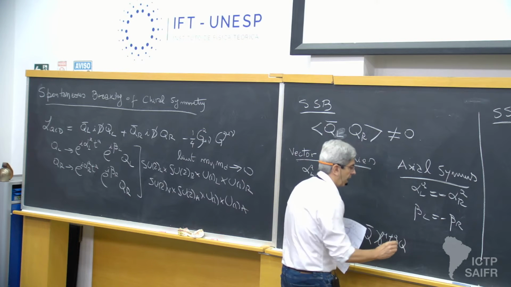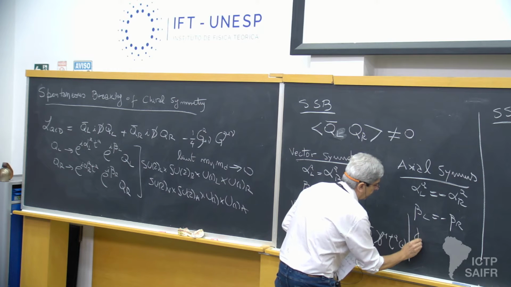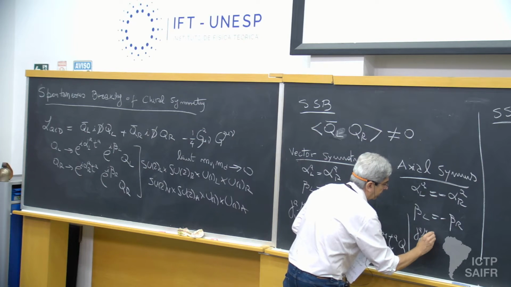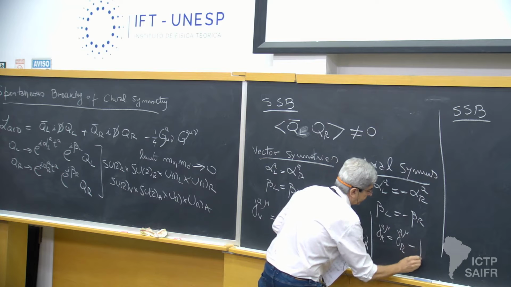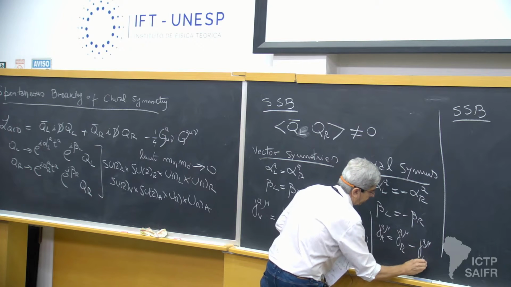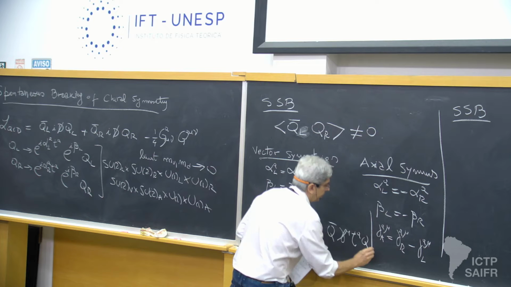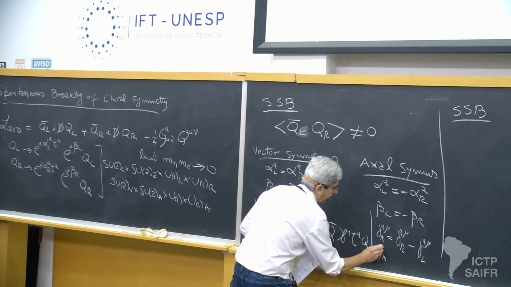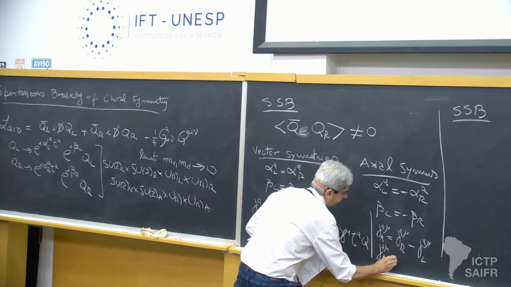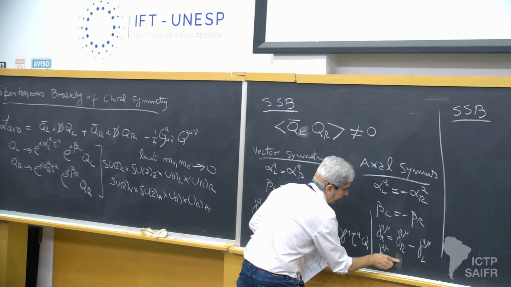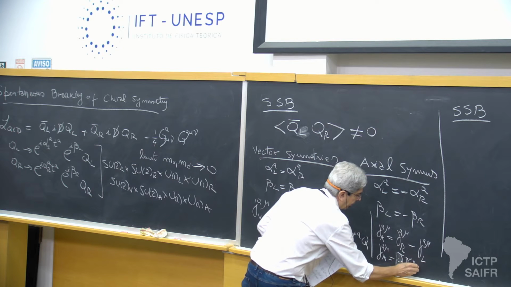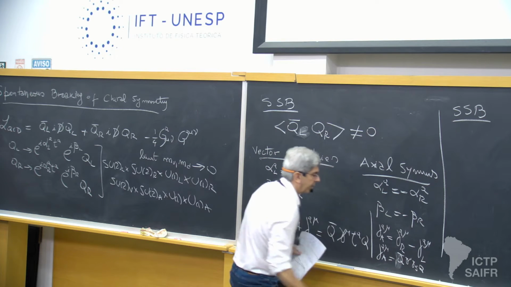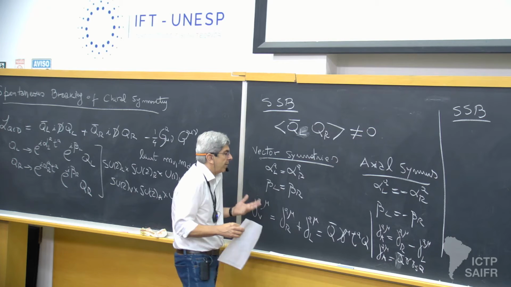And then the axial current will be defined as the right current minus the left current, and it will be your typical axial current with the gamma 5. This will be Q bar gamma mu gamma 5 Q.